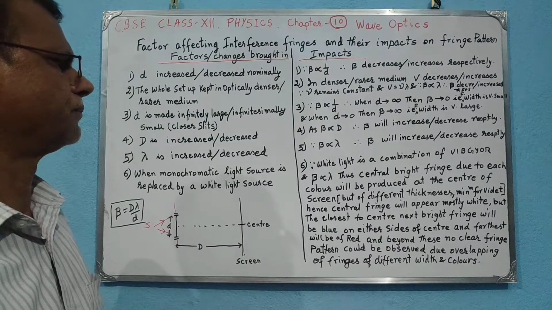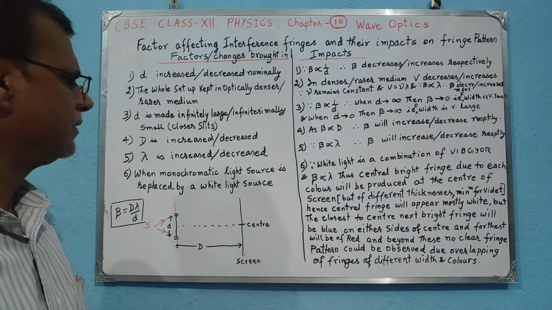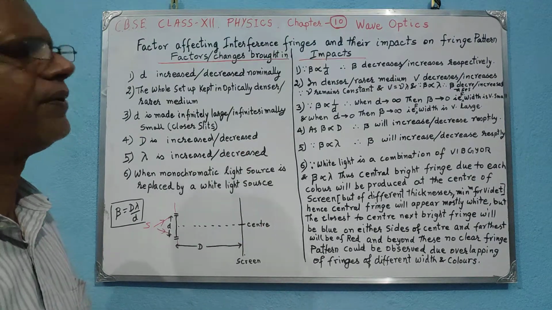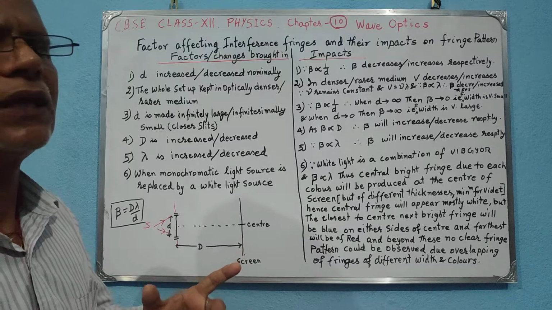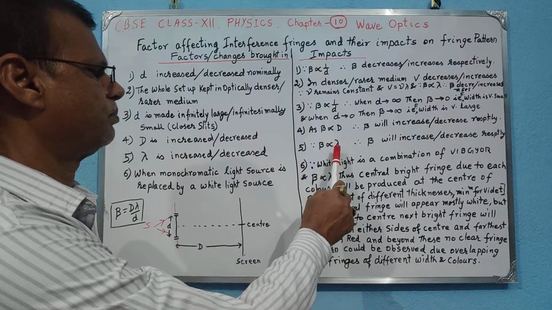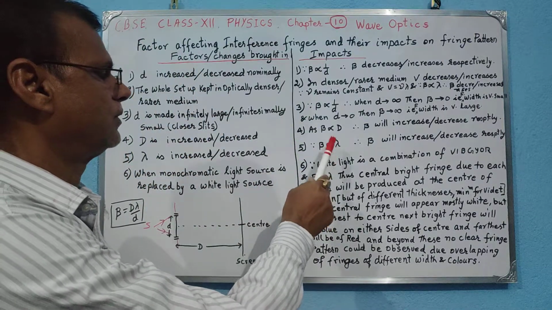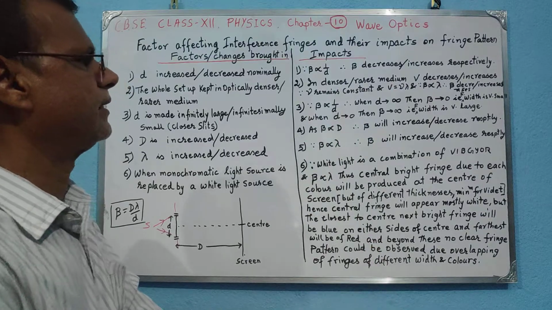That is the question. In this case you have to bear in mind that the fringe width for different colors is different, because beta is directly proportional to wavelength, and the wavelengths of different colors are different.